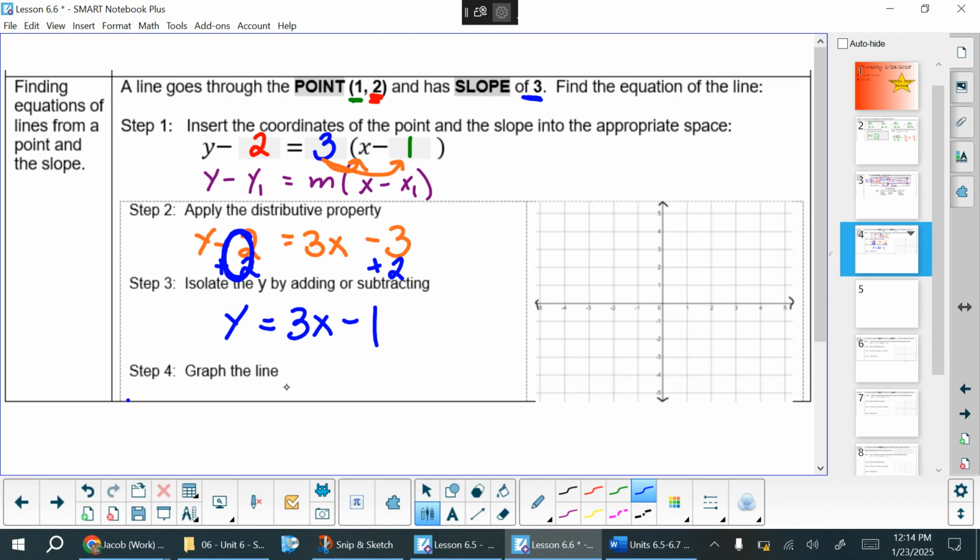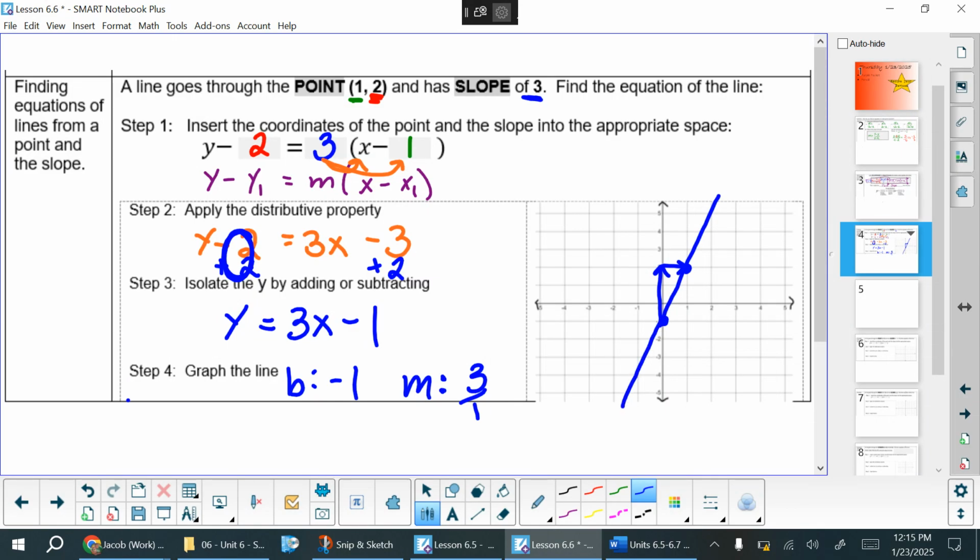Once we're in slope-intercept form, if we want to graph the line, we need to think about what's our y-intercept. Well, that's negative 1. So I'll graph it on the line. What's my slope? Well, that is 3 over 1. And so I'll graph a rise of 3, a run of 1, and connect my dots to make the line.